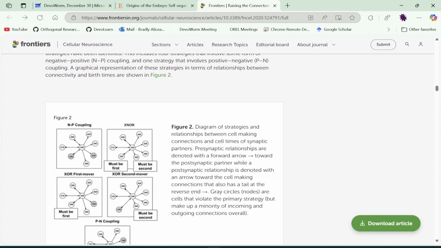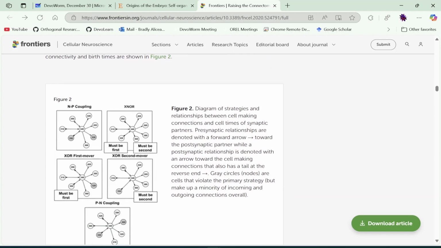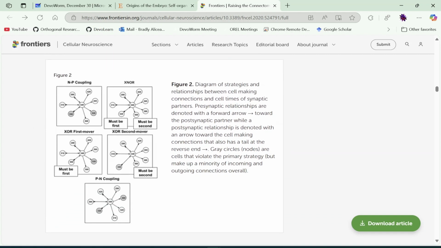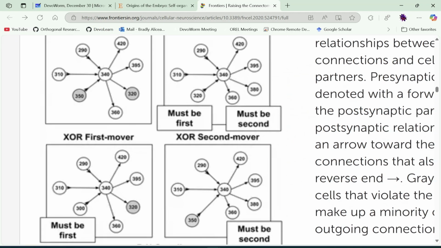So NP coupling is negative positive coupling. XNOR represents this exclusive NOR logical rule. XOR first mover is exclusive OR for the first mover. XOR second mover is exclusive OR for the second mover. And then PN coupling is where we have positive negative coupling. So what I mean by negative and positive is that each of these cells emerges at a specific time in development.